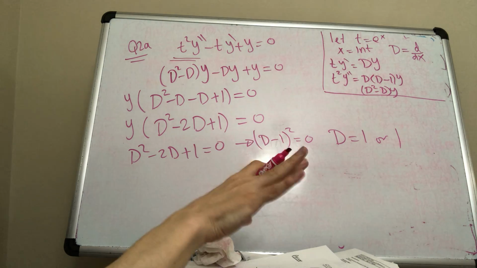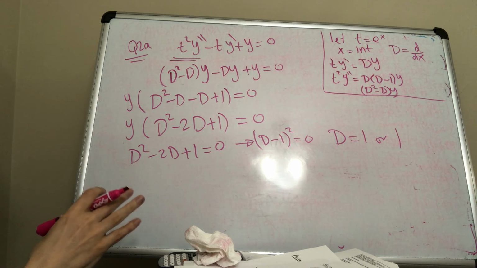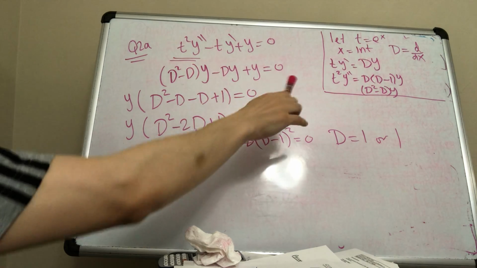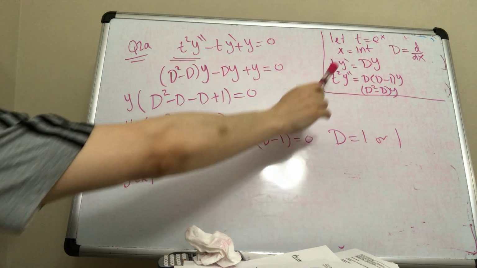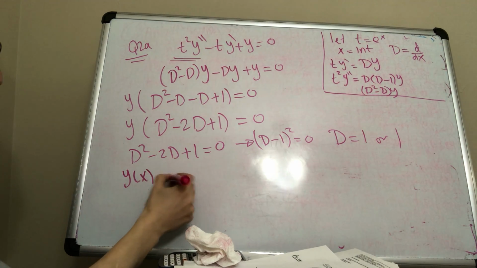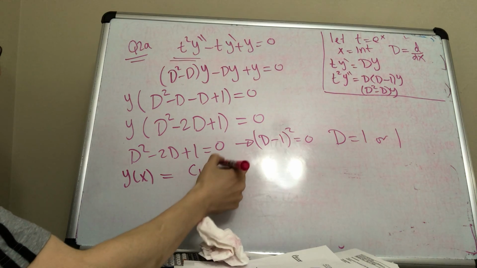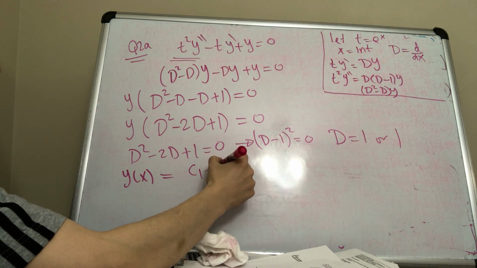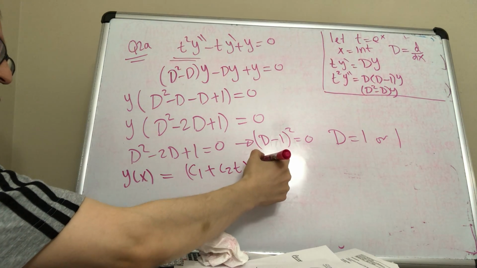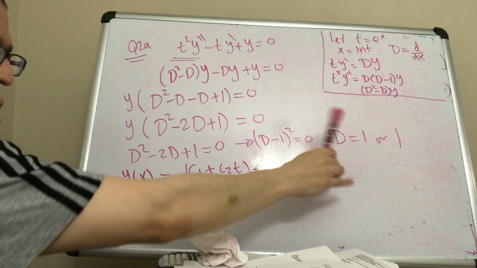So I'm going to structure the answer in terms of x, because I got these from switching everything to x. When in case of repeated roots, remember it would be c1 plus c2 t, times e to the t.